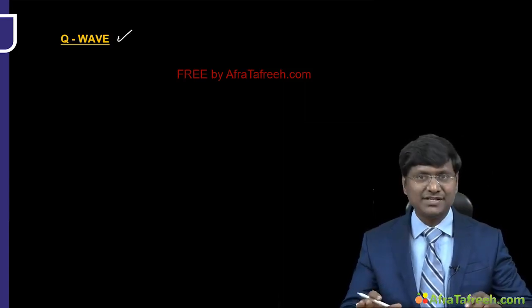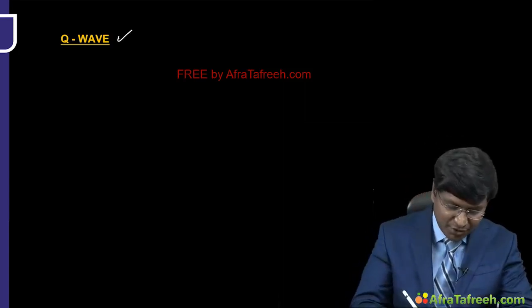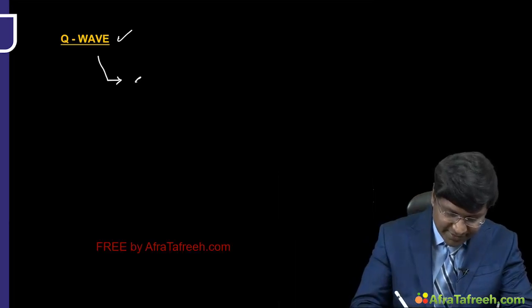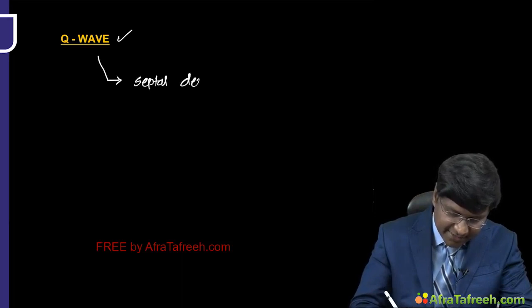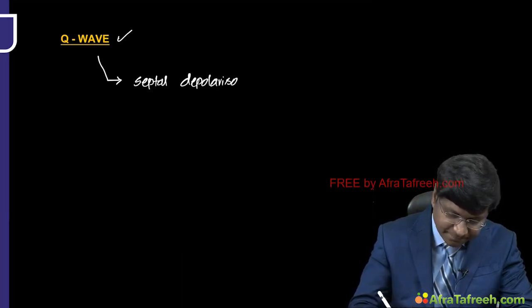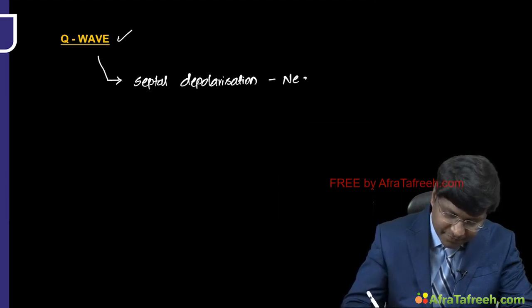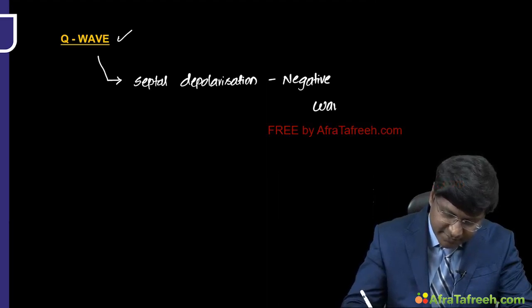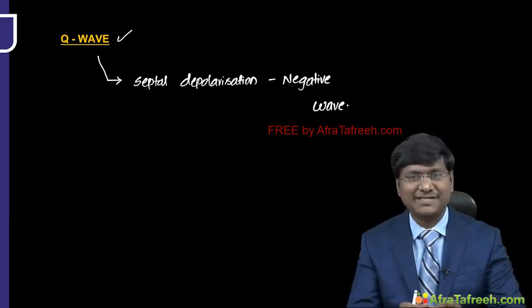So we know the basics of it: the Q wave is due to septal depolarization, and it is a negative wave, right? That means it is present below the isoelectric baseline.